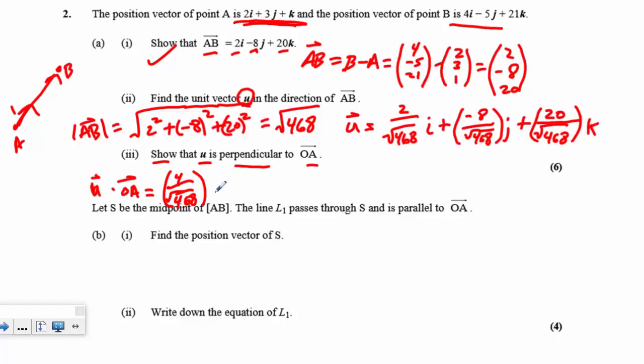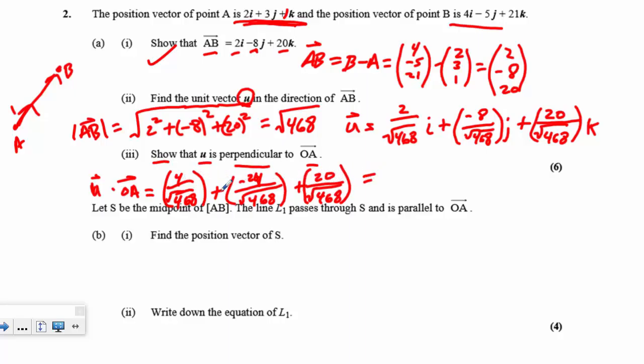And then I'm going to add 3 times negative 8, so this is going to be negative 24 over root 468. And then plus, this will be 1 times 20 right here, which is just 20 over root 468. And this will be your other term here.